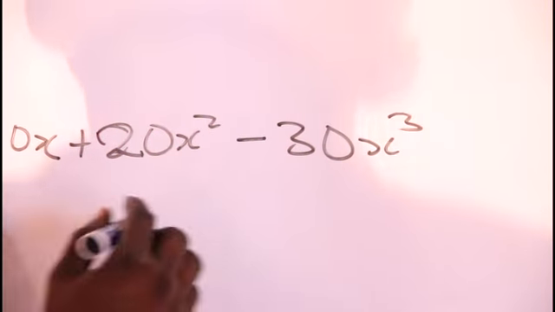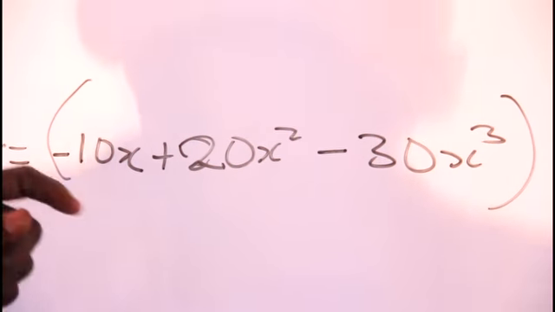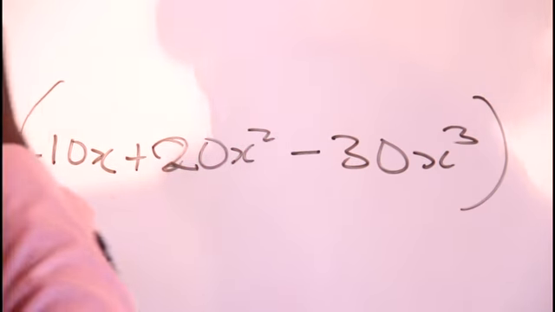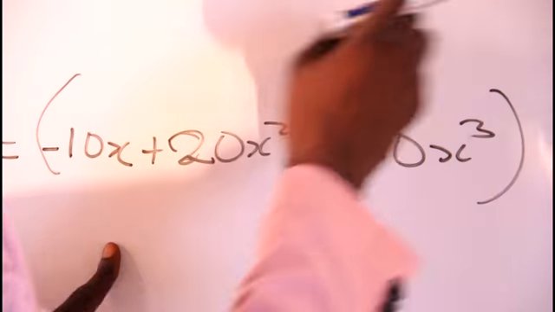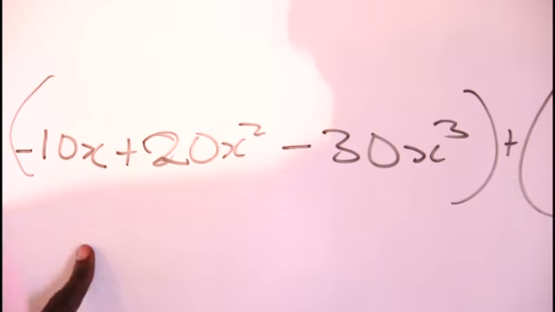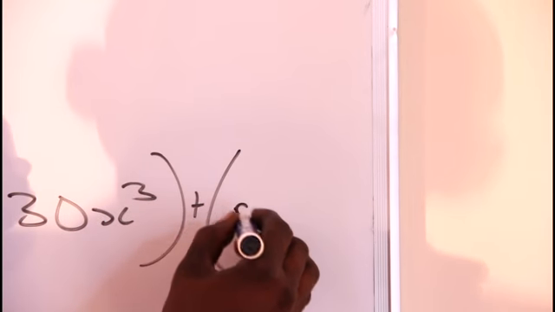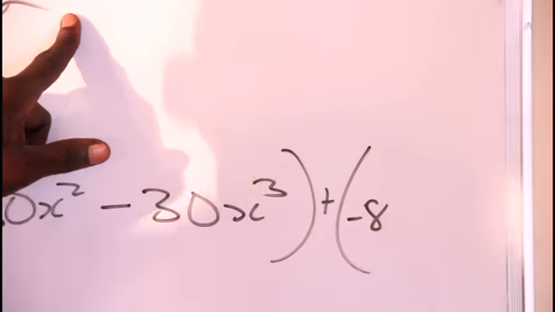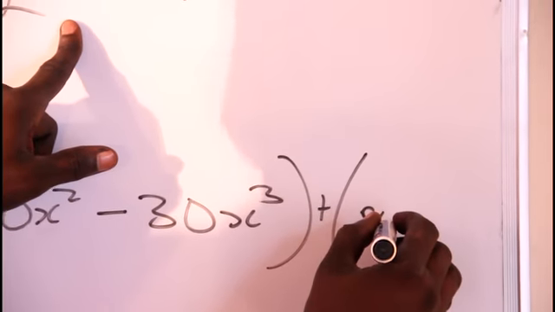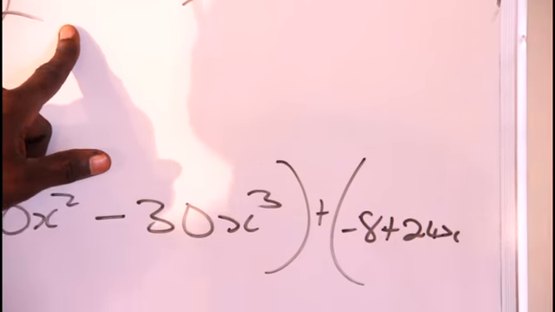So we're able to expand the first bracket. If we're expanding the second bracket, we will now have 4 times minus 2 will give us minus 8. 4 times plus 6x, that will give us plus 24x.